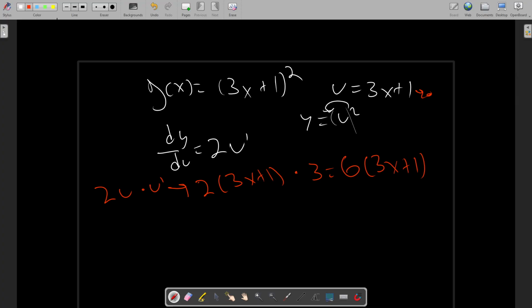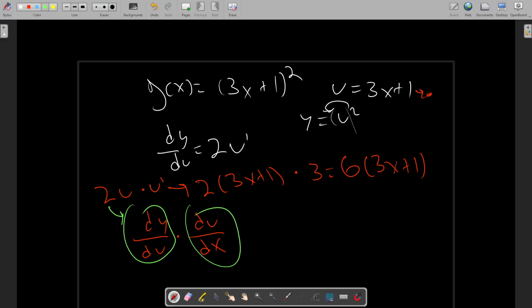And a way you can think of it is if you have a function u, and then y is the outer function, you can think of it like dy over du times du over dx. So this is just the derivative of the outer function, our 2u here, and this is just our 3, or the derivative of u.